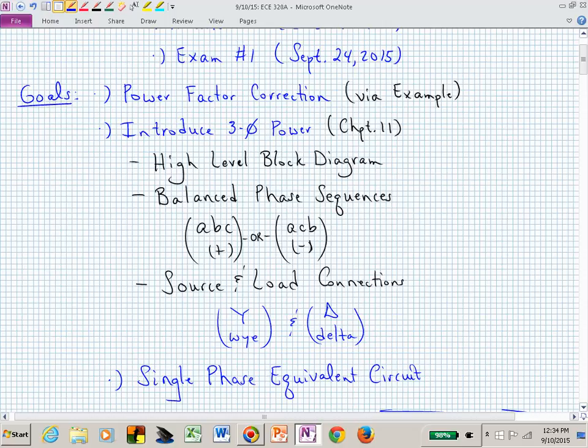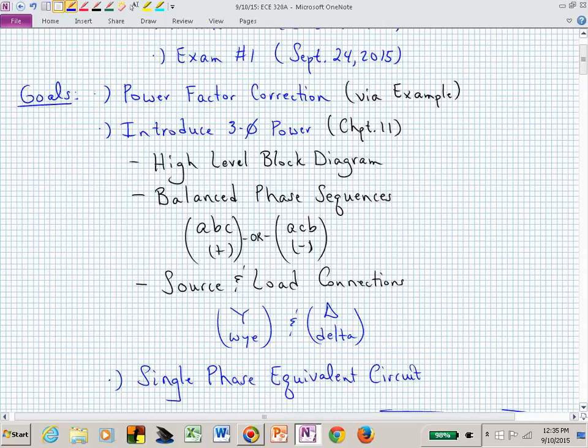Then we will talk about the different ways that we can interconnect these systems. We could have sources that are interconnected two ways. They could be connected as a Y, and that I will probably just label as the letter Y, which is very consistent with the pattern that it's configured in, or it could be configured in a delta.